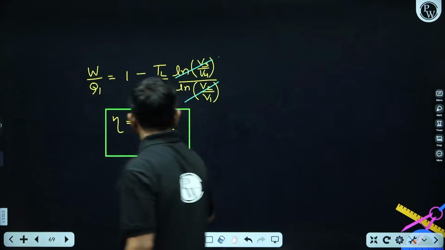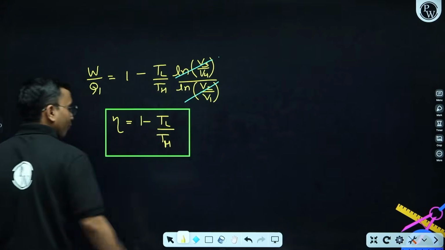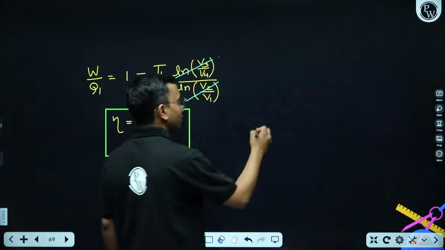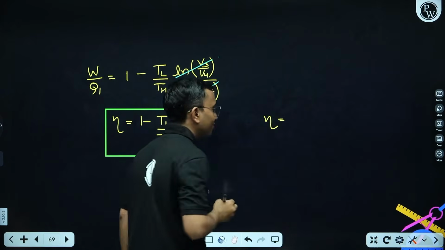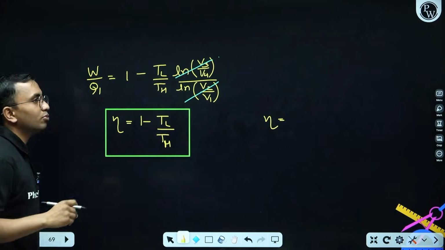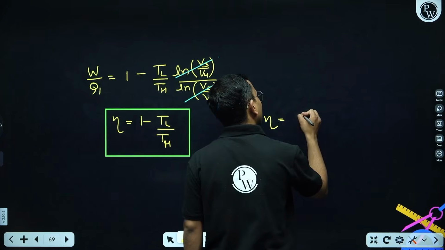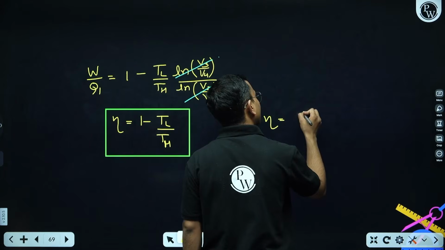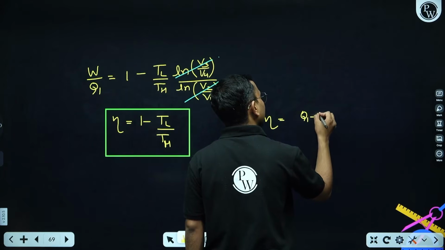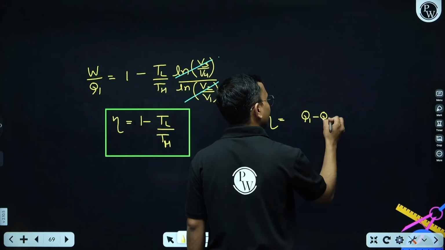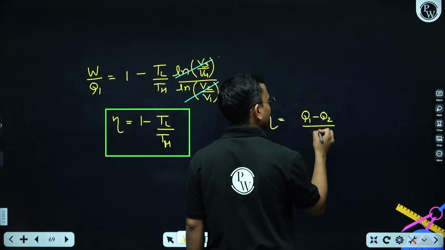Also, you can say that when we were saying efficiency, that was basically equal to work done divided by heat given. Work done was equal to heat taken, that is Q1 minus Q2, divided by Q1.